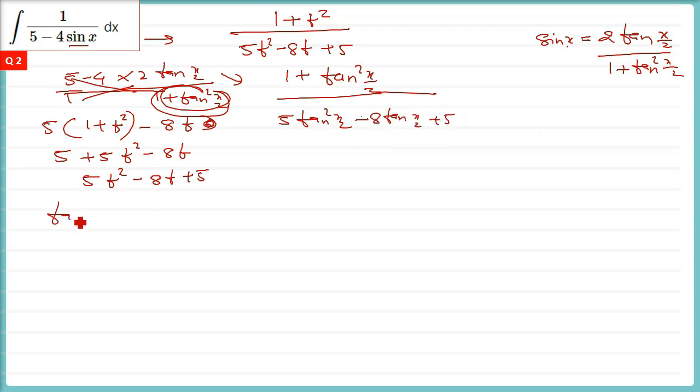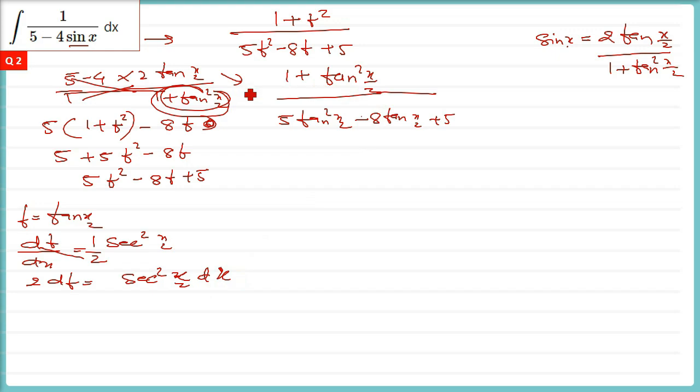So this tan x/2, let's take it as t. dt by dx will be what? The derivative of tan x/2 is sec² x/2, and the differentiation of x/2 will be half. So this will be 2 dt equals sec² x/2 into dx. Now this numerator 1 plus tan² x/2 is already sec² x/2 because this is the identity.